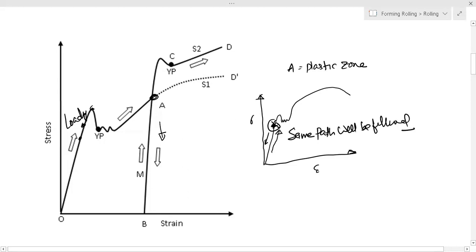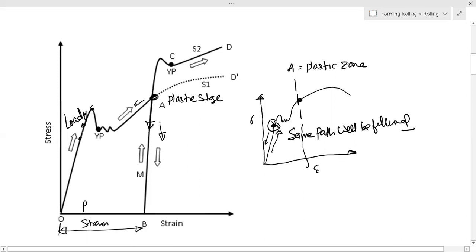But once you reach here, the plastic zone, it will not follow the same path. Point A is in the plastic stage, so it will not follow this path, it will follow this path. And this is your strain, which we call plastic strain.